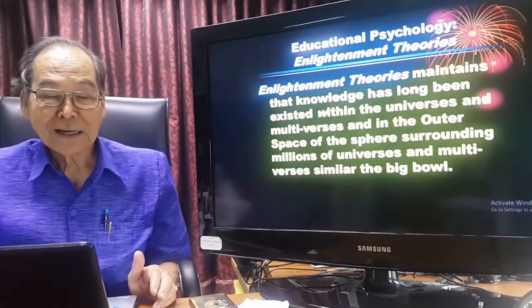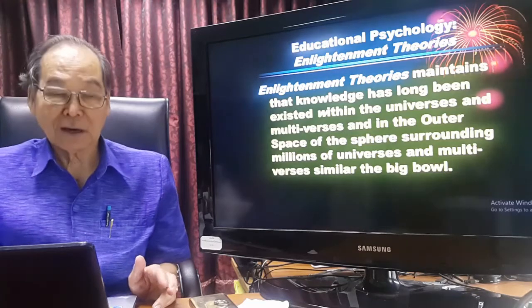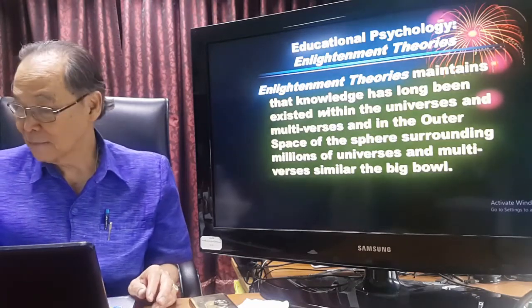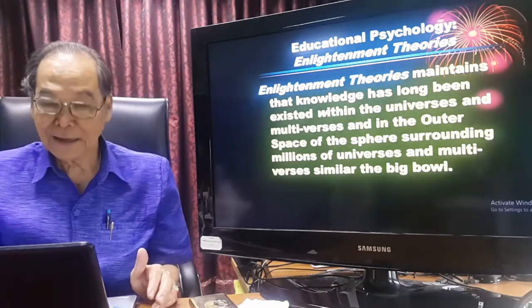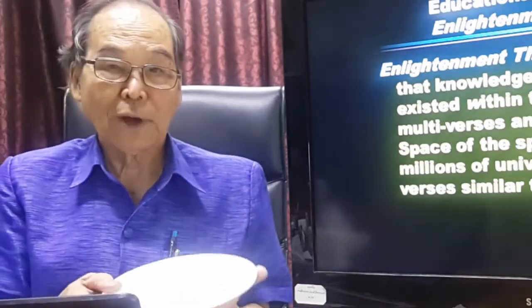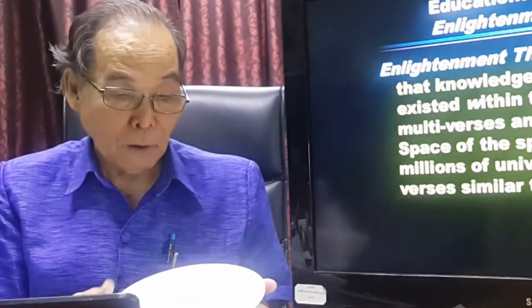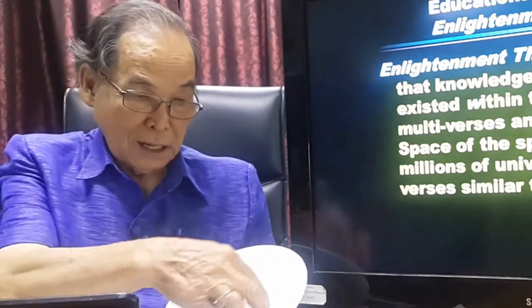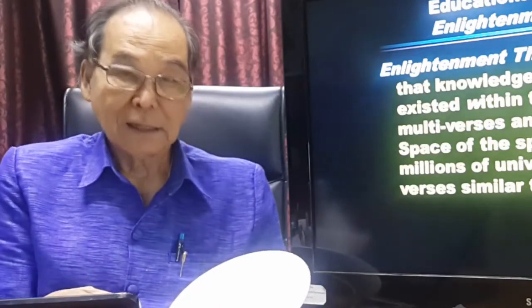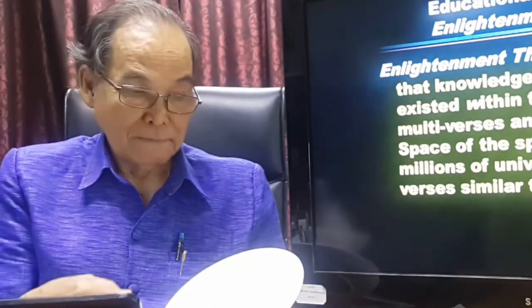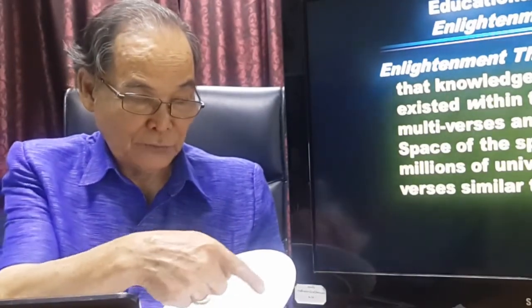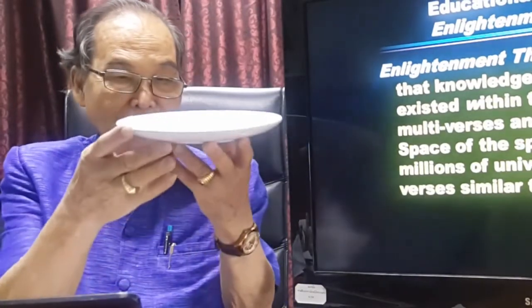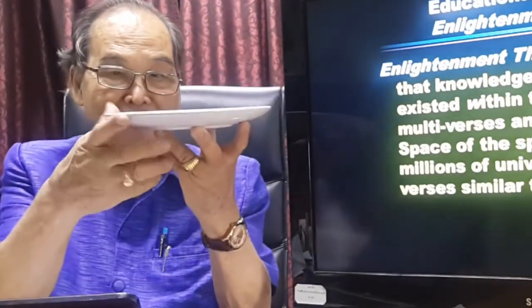So the Savior, Buddha, came in and told us, because we are in the big bowl, we are now inside here. There are three spheres here, and actually there's something very deep down here.